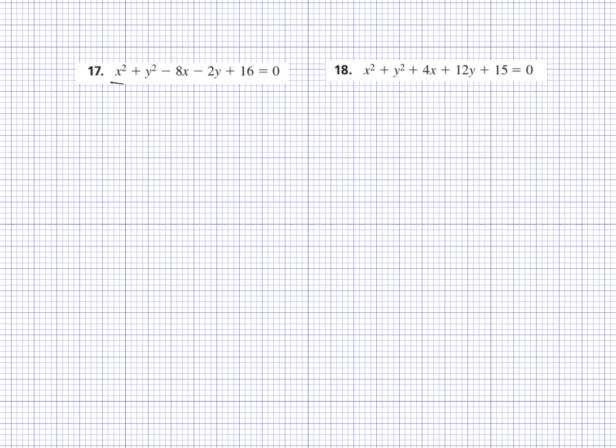Okay, and on this one, our x squareds and our y squareds all need completing the square, because we're going to put this on the other side. So we have x squared minus 8x, leave space for the c, and then plus y squared minus 2y, leave space for the c, and then this equals negative 16.